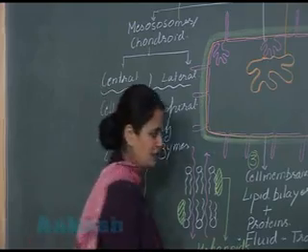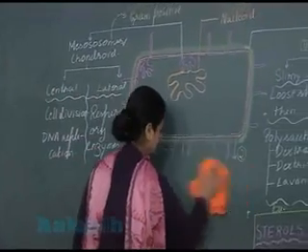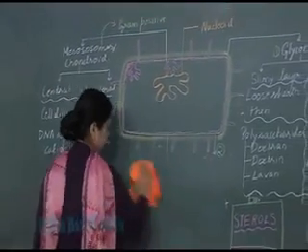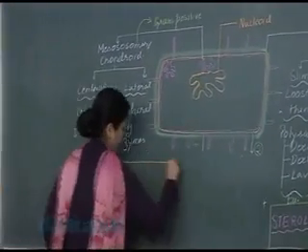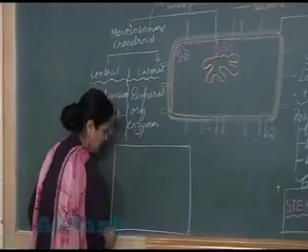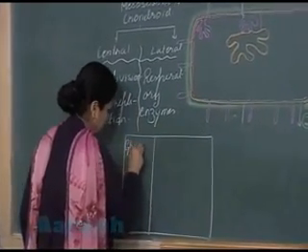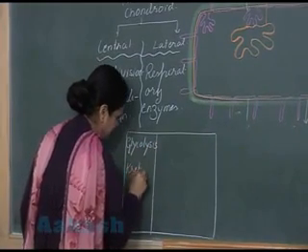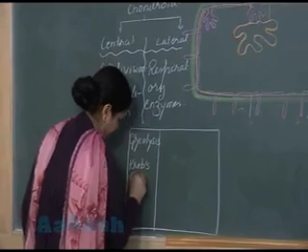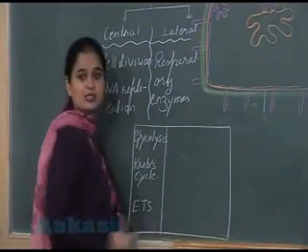Let's write this down. Three steps involved in aerobic respiration: glycolysis, Krebs cycle, and ETS, electron transport system.